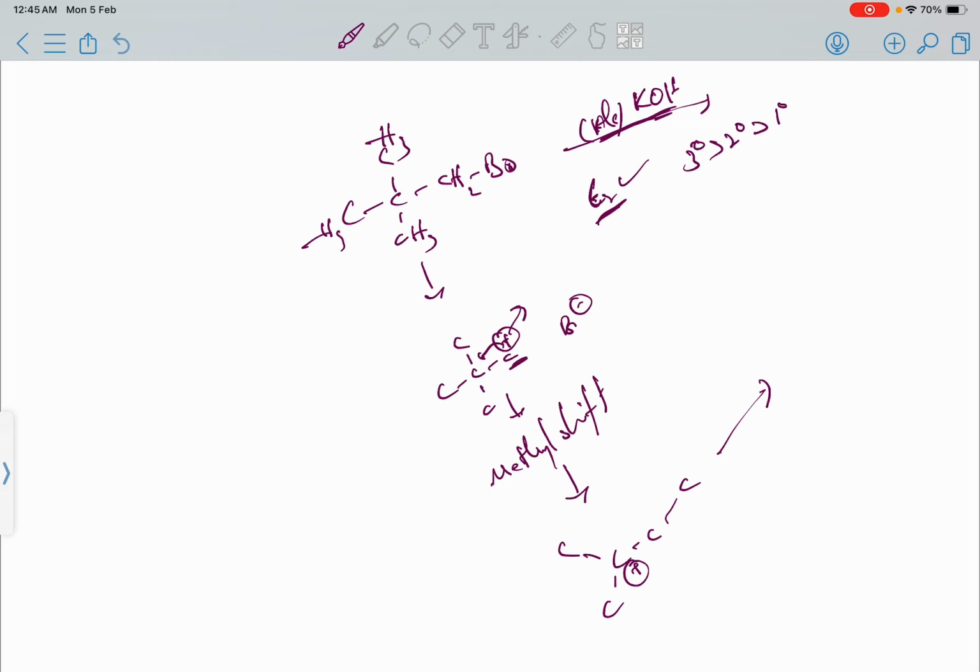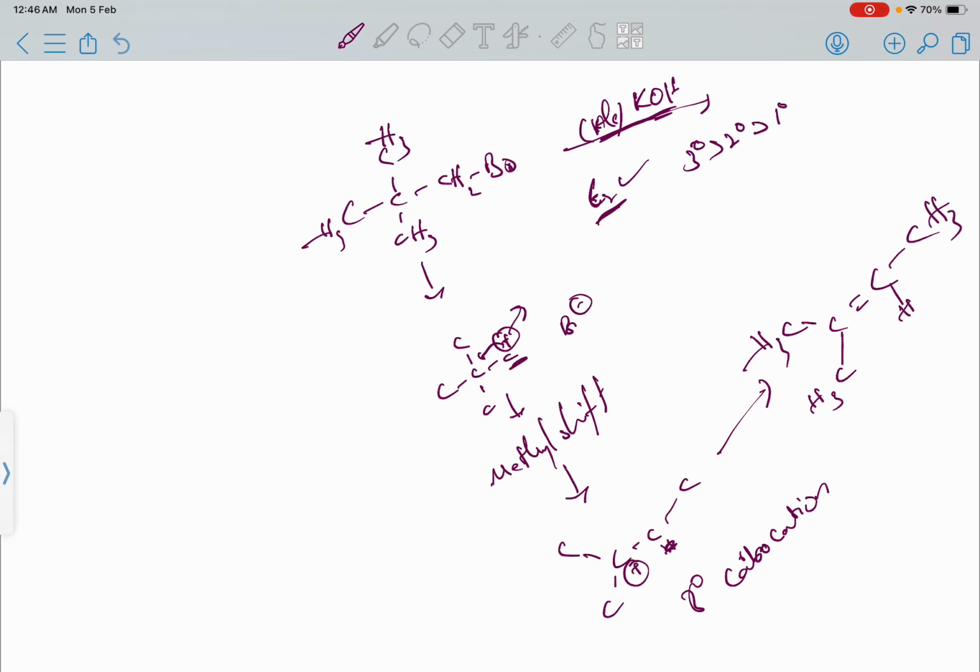After the methyl shift, what will be the product? It is a tertiary carbocation. Yes, it will be our tertiary carbocation. What happens further? This tertiary carbocation, as it is dehydrohalogenation, next the hydrogen will be lost from here, and it will give this product.